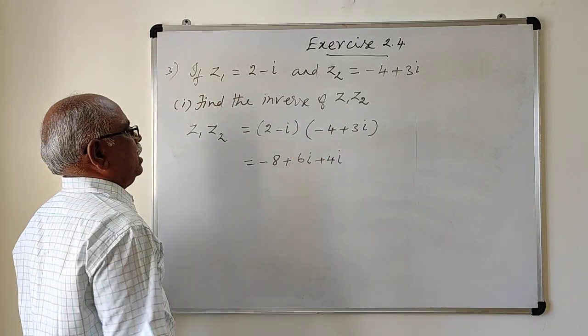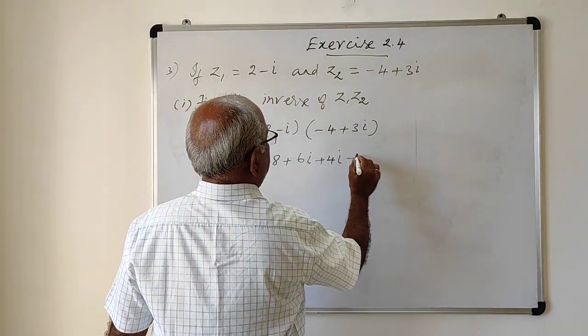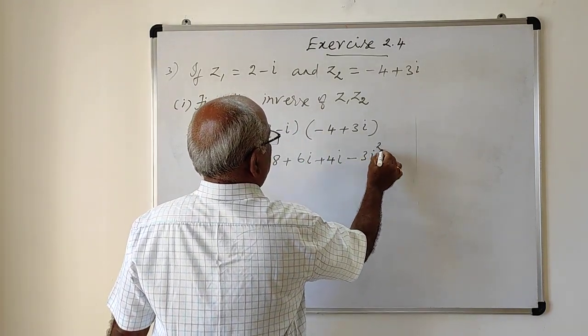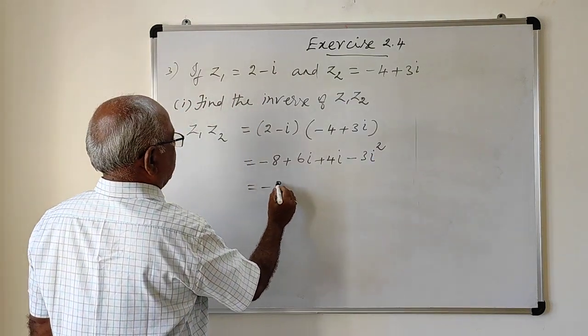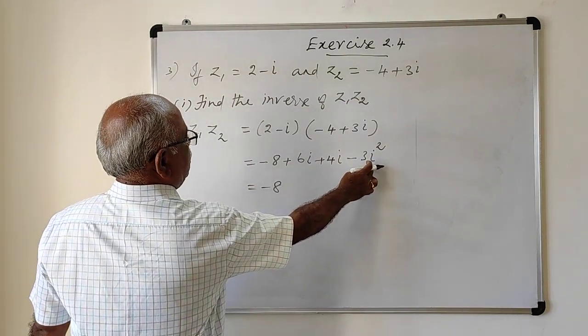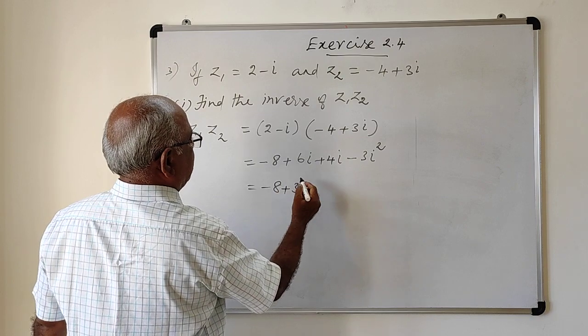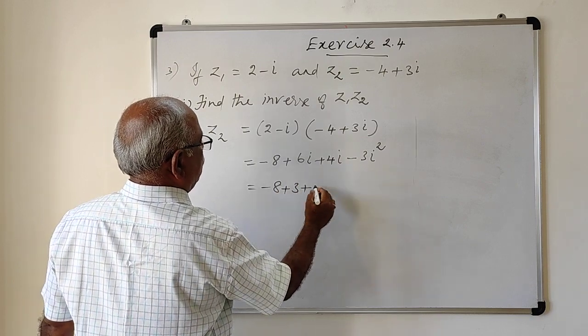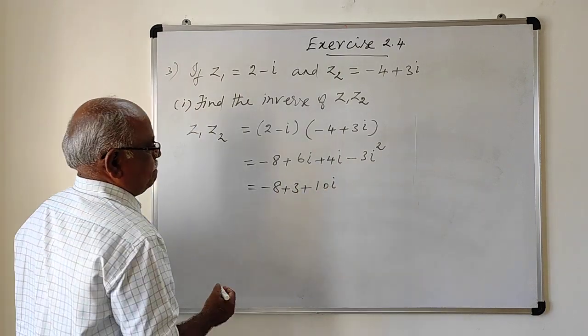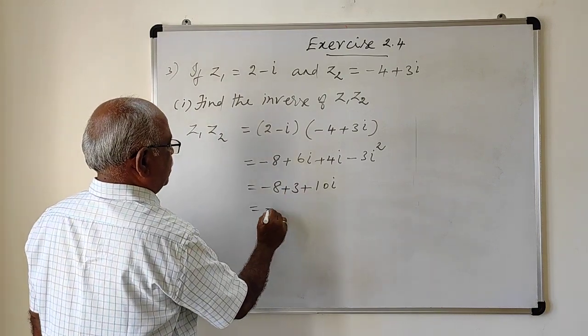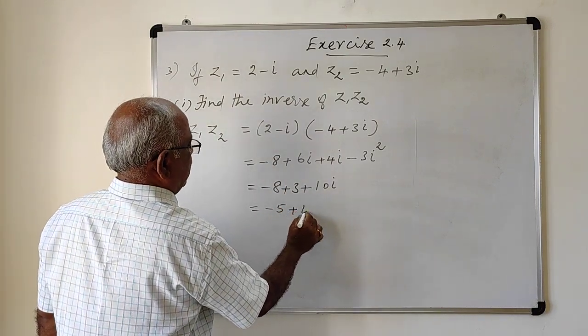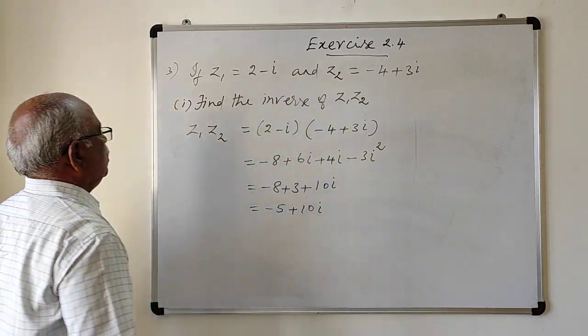Minus i into plus 3i is minus 3 i square. That is minus 8, i square is minus 1, minus into minus is plus 3. 6i plus 4i is 10i. So minus 8 plus 3 is minus 5 plus 10i. This is z1 z2.